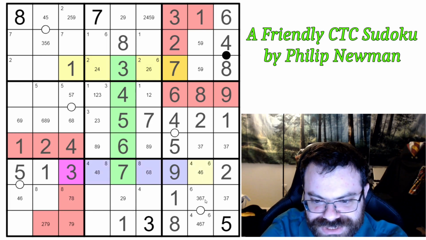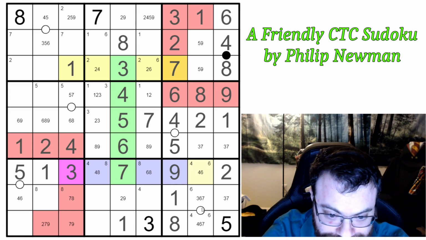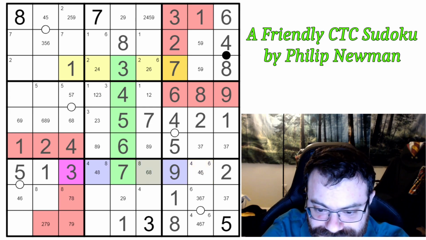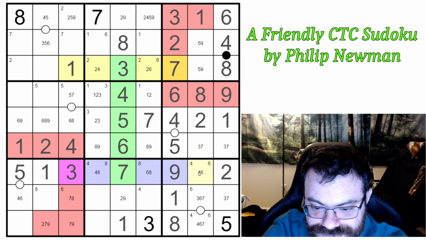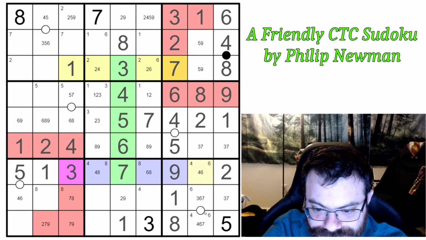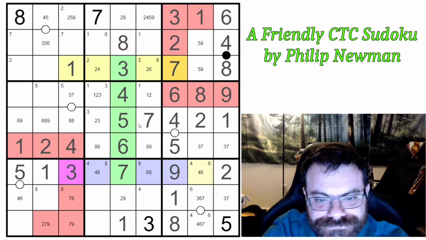We've also got this 4, 6 here, which interplays with that. But I don't think that really... So in the case this is 6, this is a 4. In the case this is 8, this is a 6. Doesn't really help. Still fun to spot that.